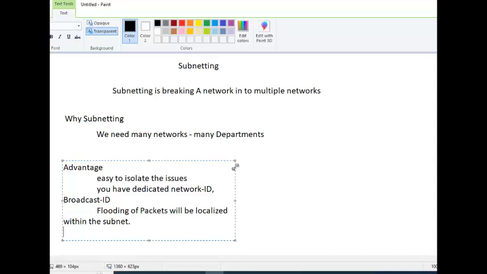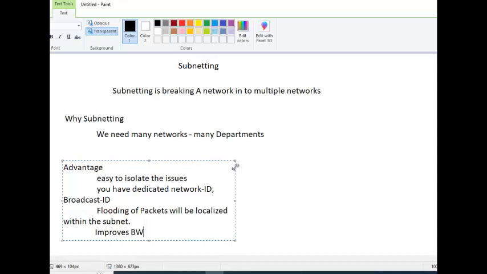So in another word, what I can say is subnetting improves bandwidth. How subnetting improves bandwidth? As I said, if you don't have subnetting, every single broadcast will go to everyone, all department members, wasting their bandwidth, their CPU.